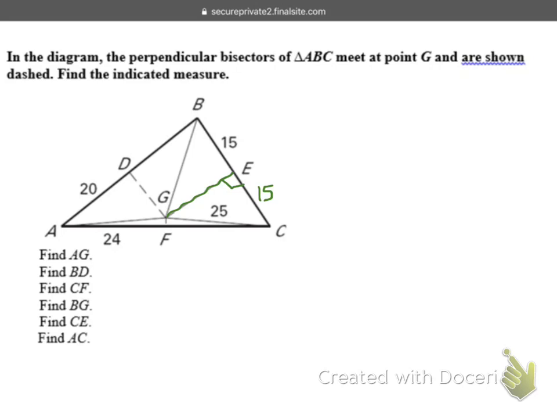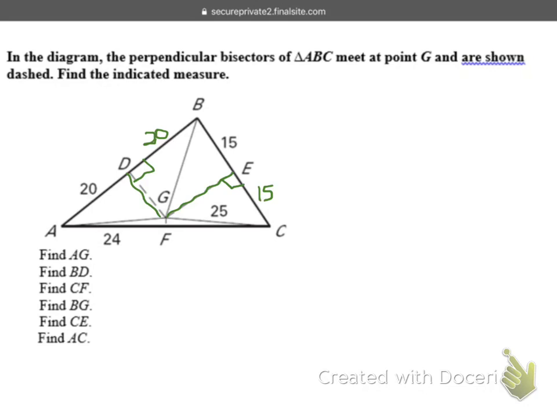Here's another dashed line from G to D, and since that's the perpendicular bisector, it's making a perpendicular angle, and since AD is 20, so is DB, since it bisects the side of the triangle. Okay, I have one more, and it's teeny tiny.